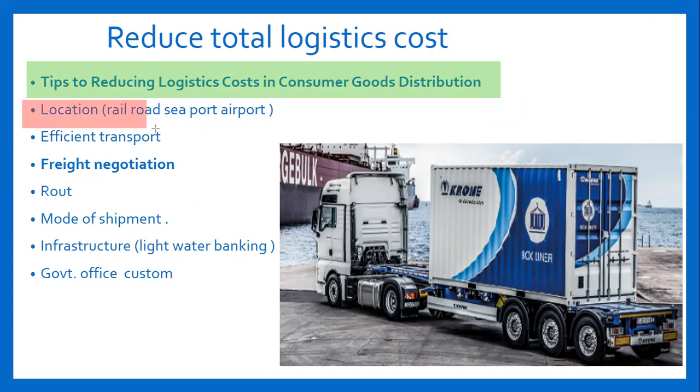Okay, so if your factory setup is nearest to the railroad, seaport and airport, then it is very important and impacts the cost of logistics. Because if the factory location is nearest to rail, then the cost of transportation from factory to rail is very less.